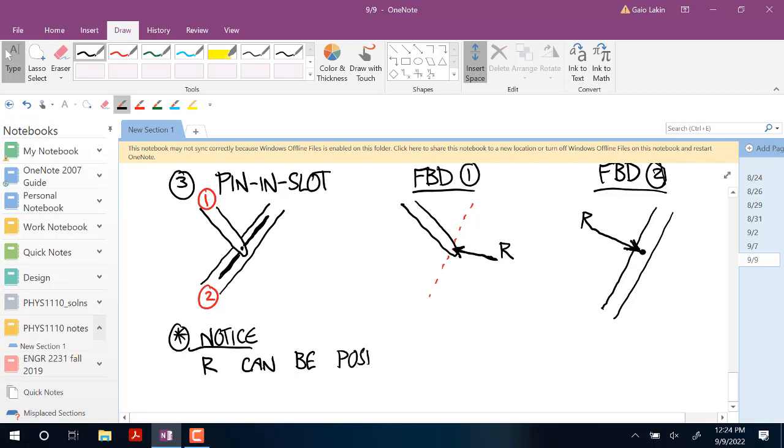If you're designing some kind of system where you need your joint to be able to apply a force in either one of two directions, then you'd want to use a pin and slot joint rather than a roller or a frictionless contact.